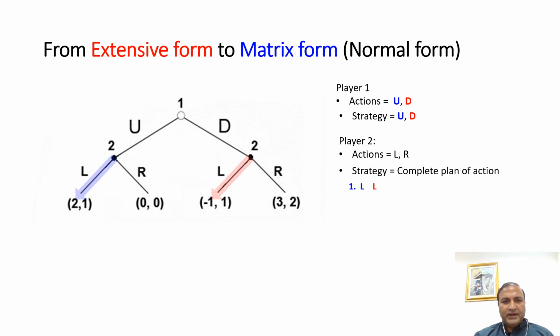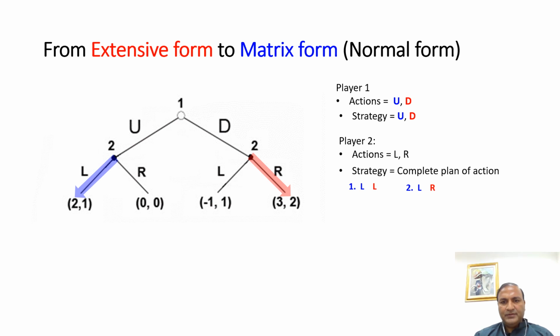And then what is the second possibility? The second possibility is that he chooses L on this side of the game, and then he chooses R on this side of the game. In other words, he chooses L when player 1 is choosing U, and he is choosing R when player 1 is choosing D. So the second possibility for player number 2 is L and R, meaning L on this side and R on this side.